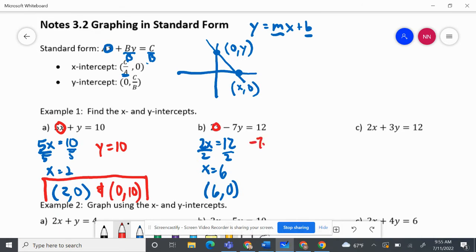I get negative 7y equals 12. I divide it by negative 7. And that gives me y is equal to negative 12 sevenths. And usually when I write it as an ordered pair, I write it as a mixed number because it's easier to plot. So that would be negative 1 and 5 sevenths.